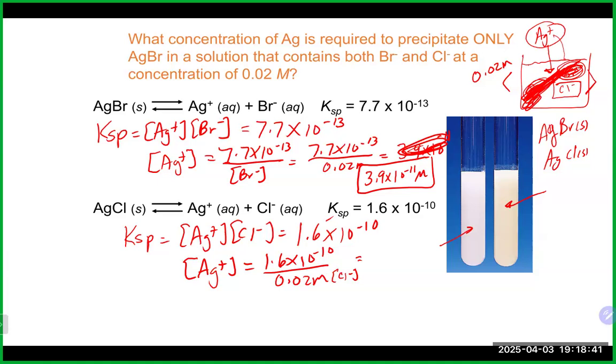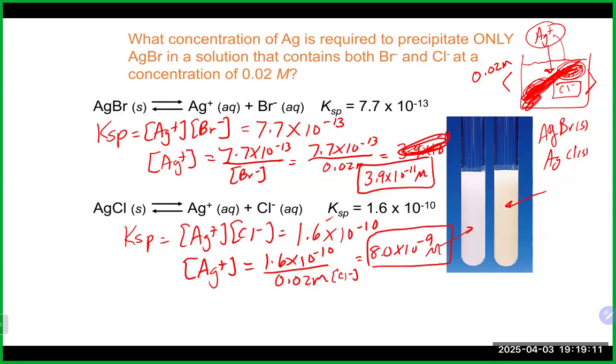And if we do that, we see that to start to precipitate out the chloride as silver chloride, we would need something like 8 times 10 to the minus 9 molar. And that number of 8 times 10 to the minus 9 molar is the minimum amount of silver that you would need to add there to see silver chloride coming out.